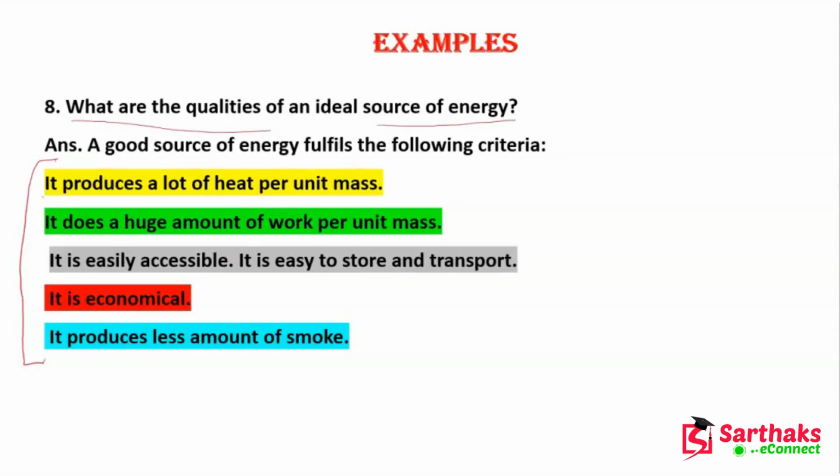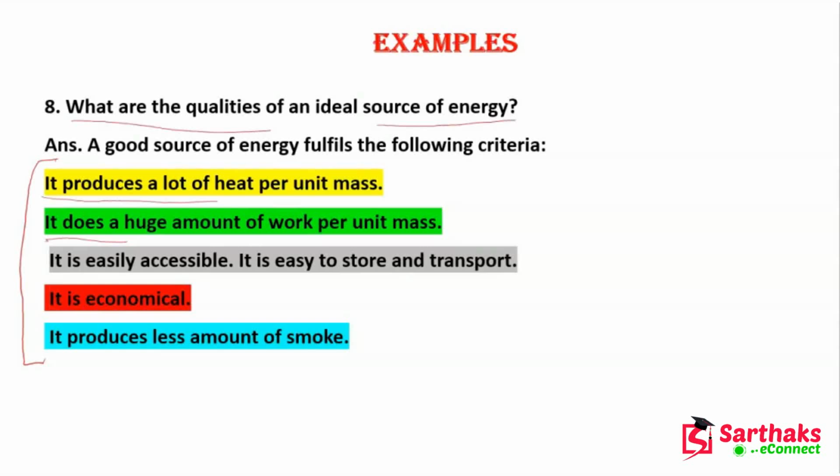First, it produces a lot of heat per unit mass. So if you burn 1 unit mass of that source, it should produce lots of heat as compared to other sources. Now, it does a huge amount of work per unit mass. That should also be a characteristic of this resource.